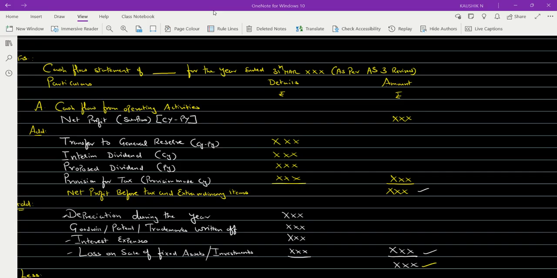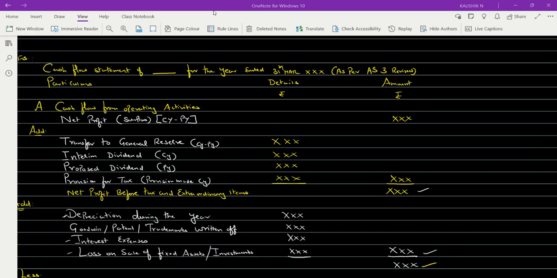The next one, even goodwill you can purchase. So goodwill purchased, or patent, or copyrights, trademarks. What are these? Any intangible assets which you have purchased.